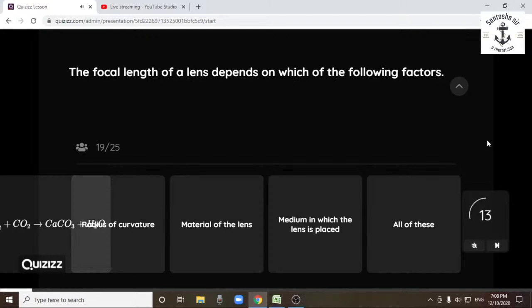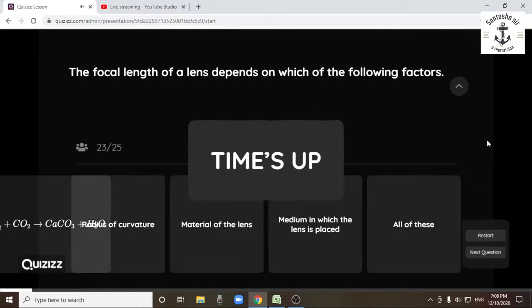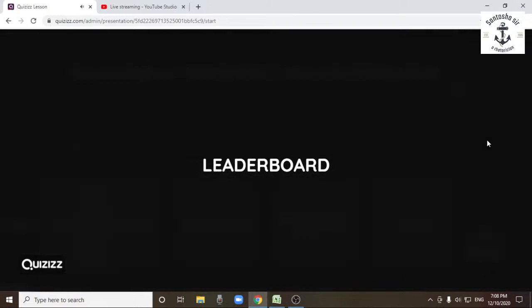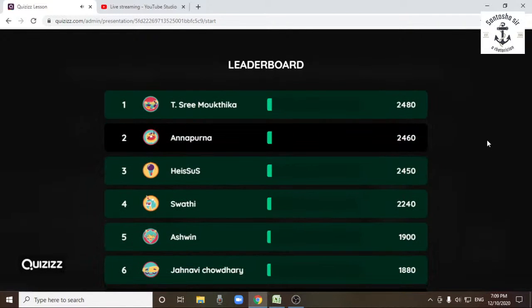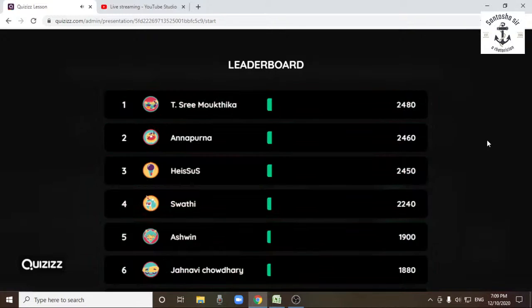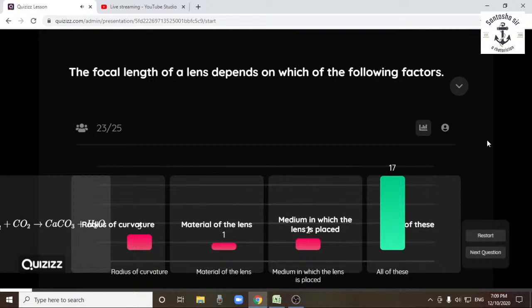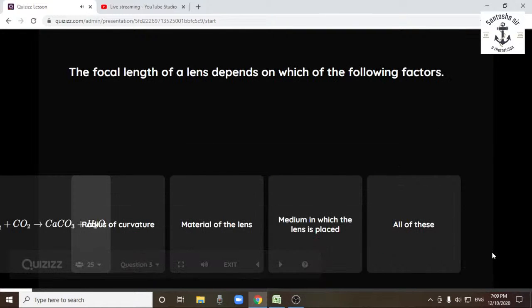Seconds. Time is up. Let's check the scores. We have Moktika followed by Annapurna and Theseus. 17 members got it right. Moving on to the next question.